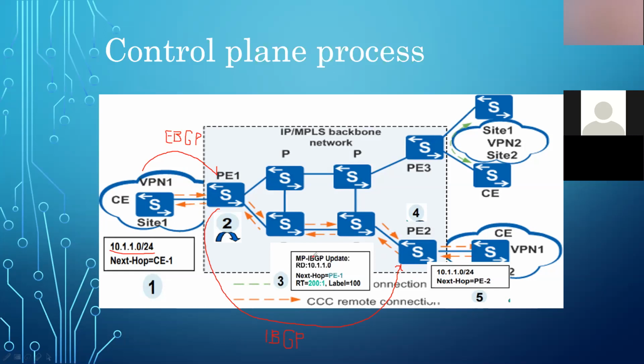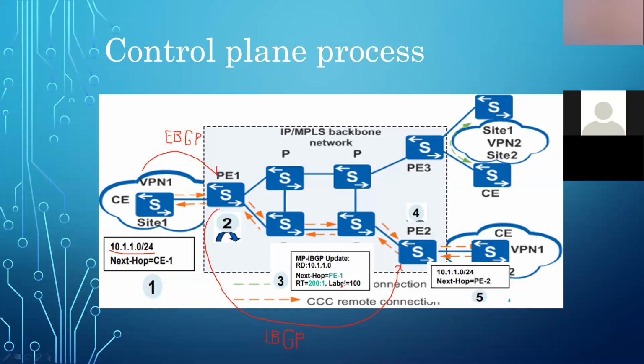So PE1 will receive the IPv4 in eBGP, and it will convert the received IPv4 address to a VPNv4 address, and it constructs, as you can see, an MP-IBGP update message with route distinguisher 10110, and its next hop itself, and the route target is this one with a label of 100.